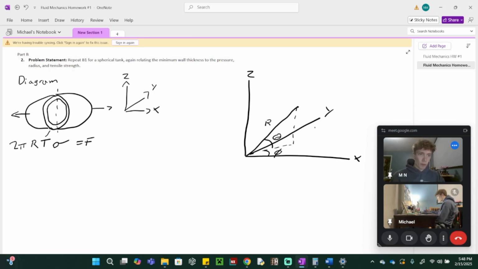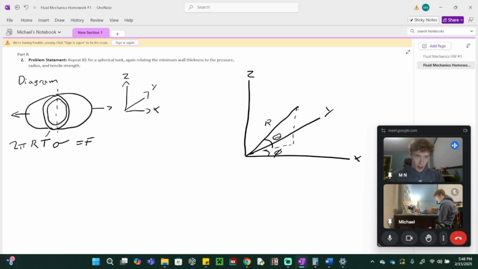So what we want to do is basically chop up our sphere into differential areas, and then once we have these areas, find the pressure force, because remember the pressure force is pressure multiplied by some area, all in the x direction.